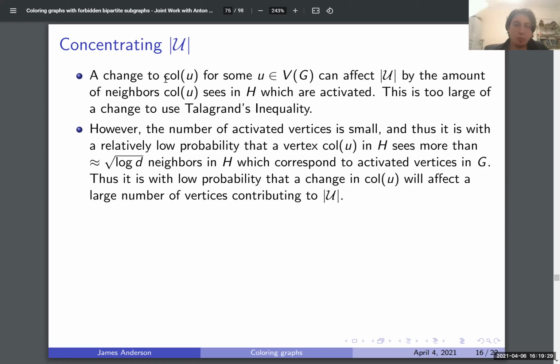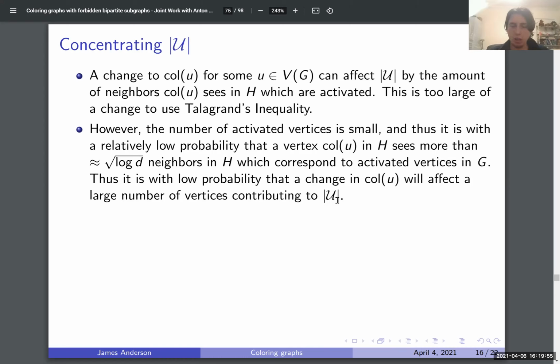So it's with pretty low probability that a change in the color assigned to U will actually affect a large number of vertices contributing to the size of U. Because remember, what is the size of U? The size of U is essentially counting the vertices in the neighborhood of B that end up being uncolored.